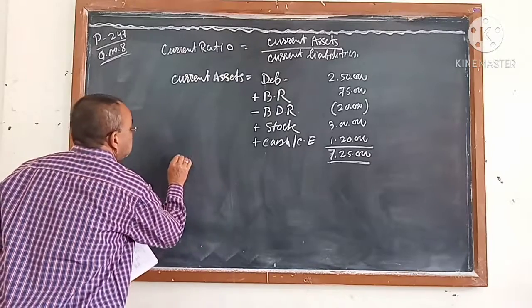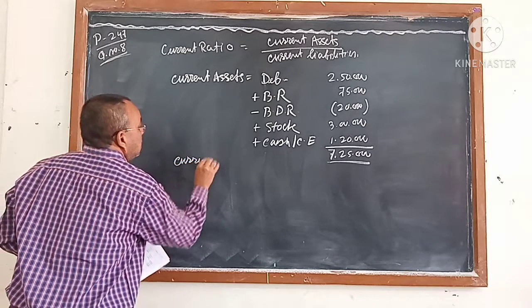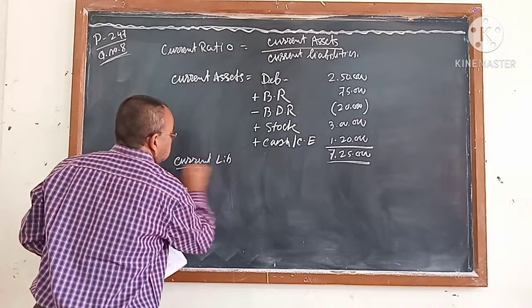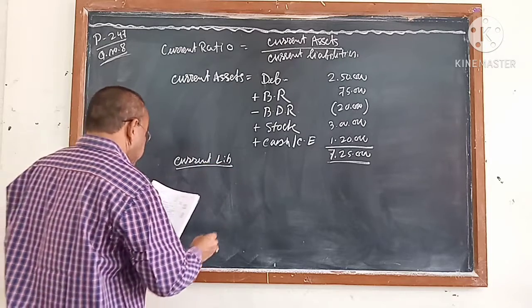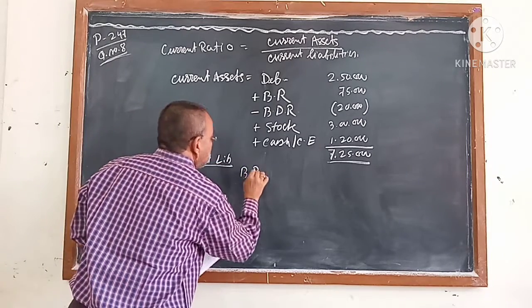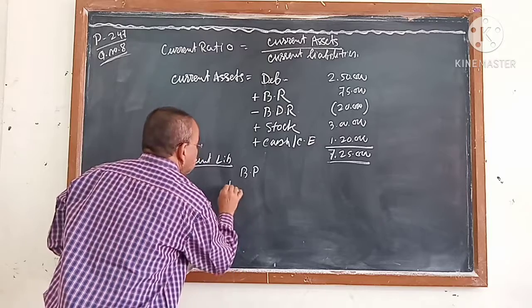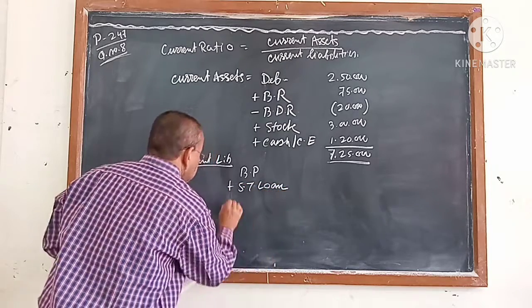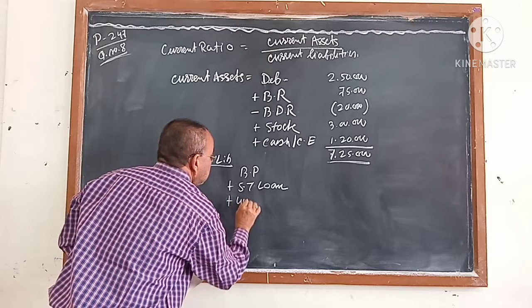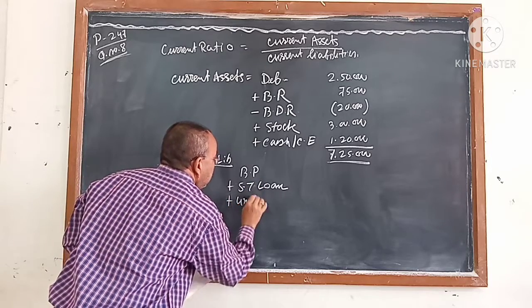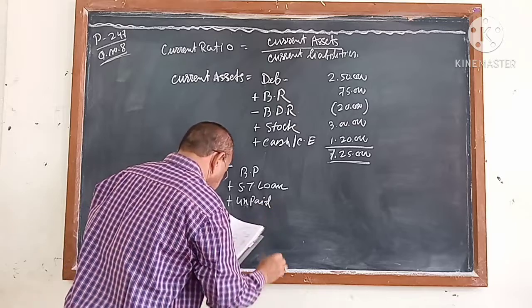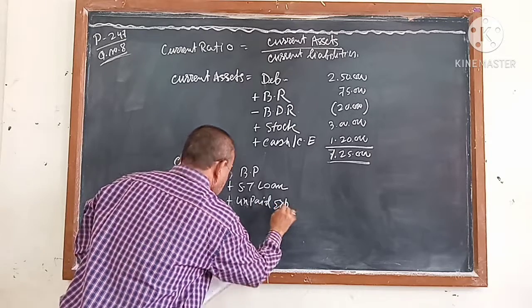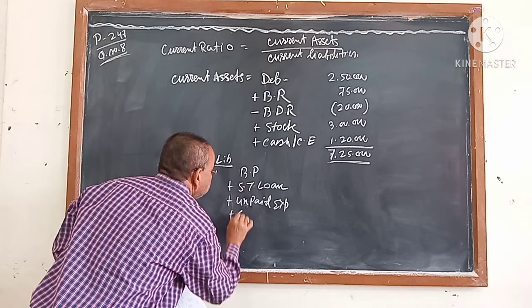Now current liabilities. Current liabilities you are getting: bills payables plus short-term loan plus unpaid expense and creditors.